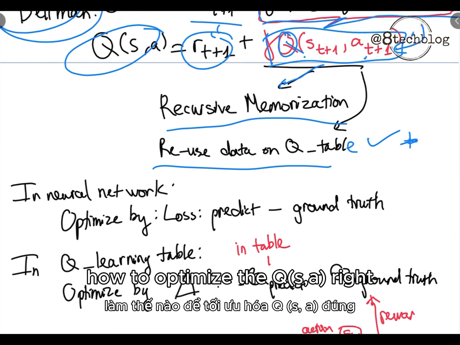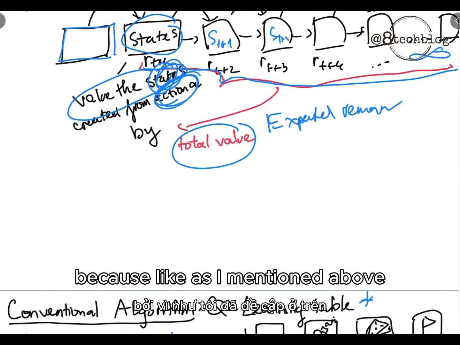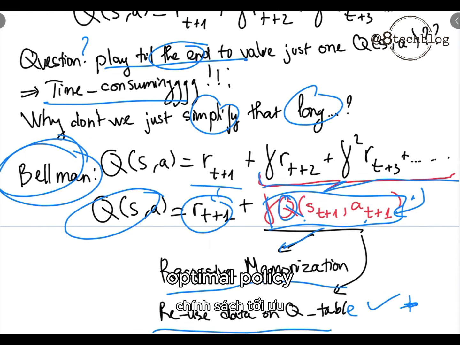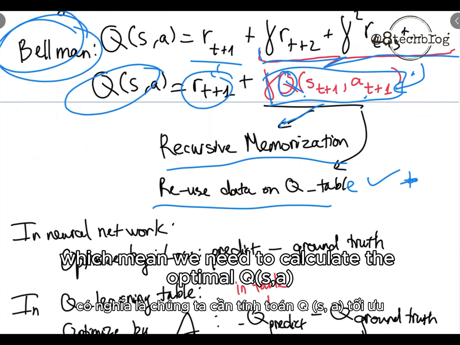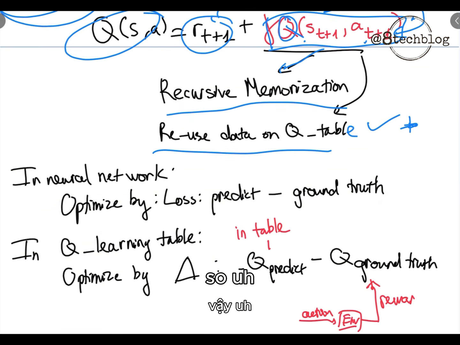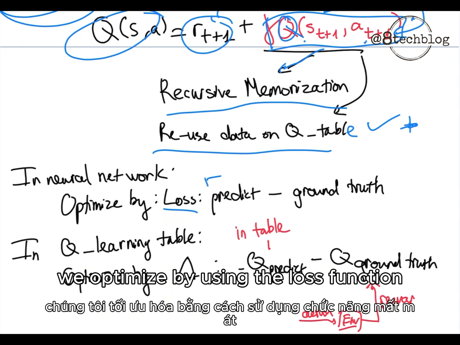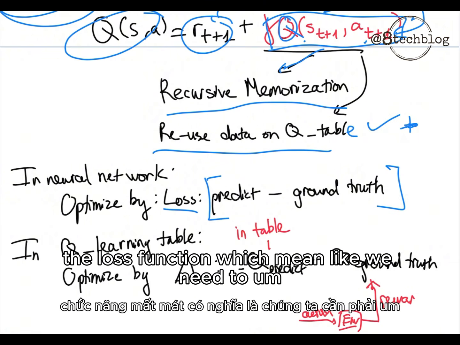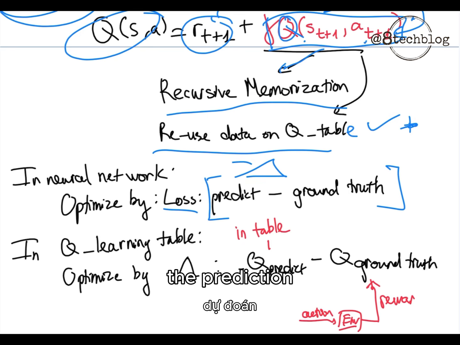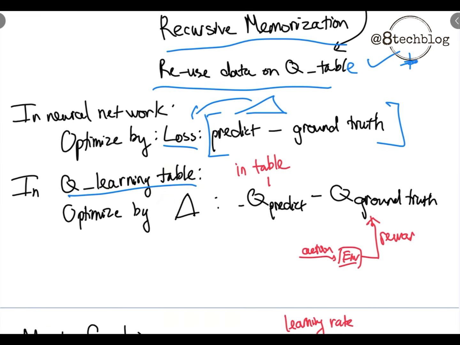So one question: how to optimize the Q(S,A), right? Because as I mentioned above, we need to calculate the optimal policy, which means we need to calculate the optimal Q(S,A). So how to optimize it? As you remember, in a neural network we optimize by using the loss function. The loss function means we need to calculate the distance between the prediction and the ground truth to see the difference, and we fix it, right?